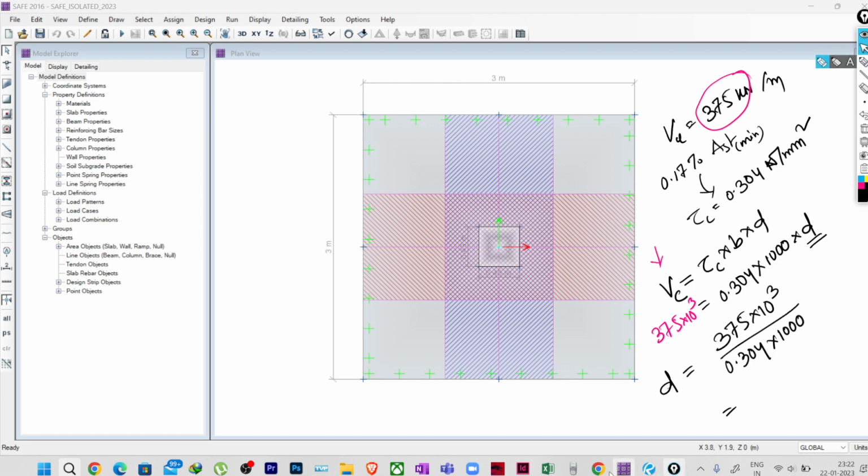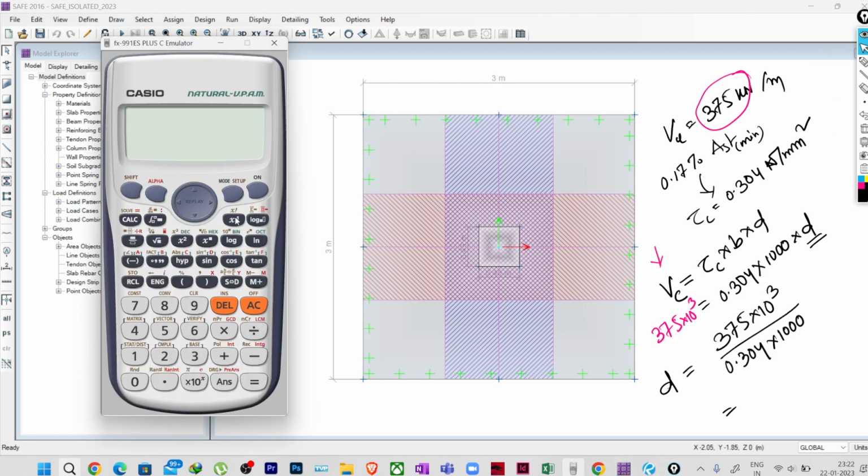If you just go here, 375 multiplied by 10 cube divided by 0.304 multiplied by 1000, we are getting 1233.55. So 1233.55 mm is the required effective depth.